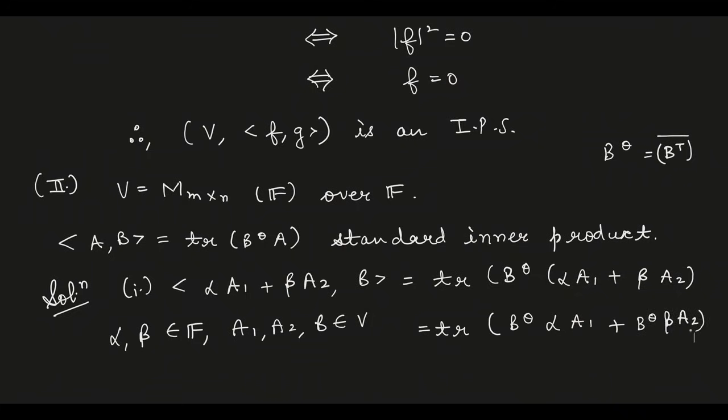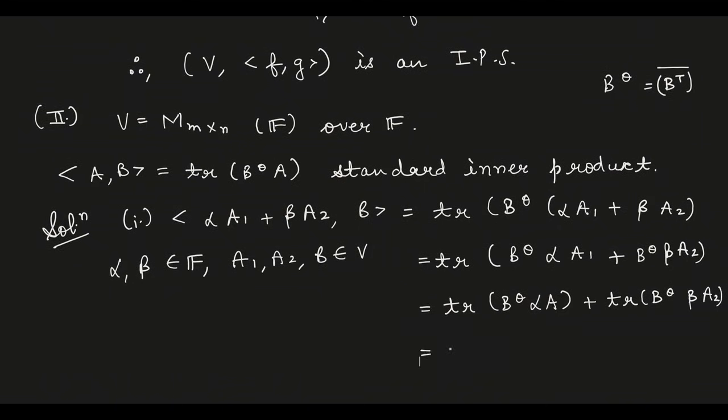Now I have told you that trace is a linear transformation, no? So trace of b theta alpha a1 plus trace of b theta beta a2. Now as trace is a linear transformation, I can take this alpha scalar outside.